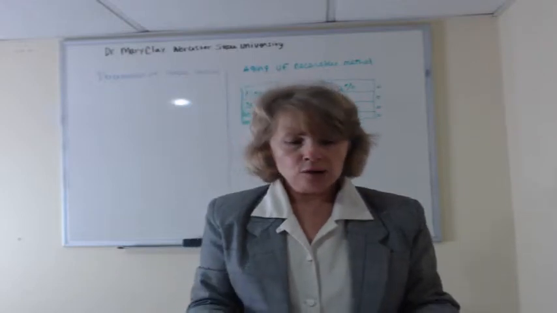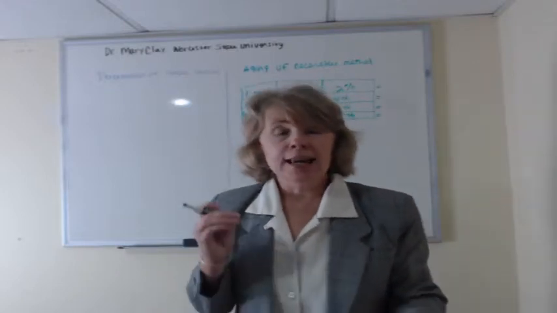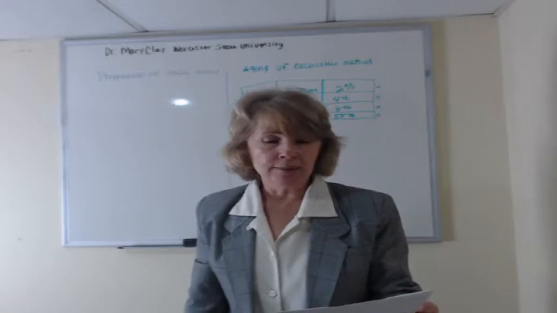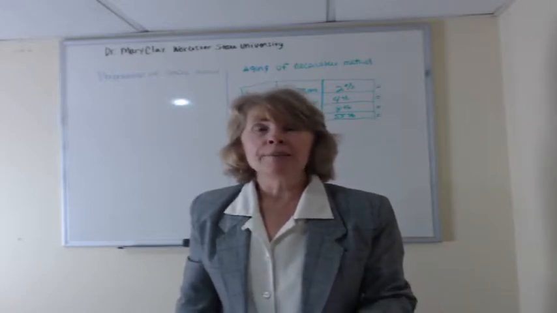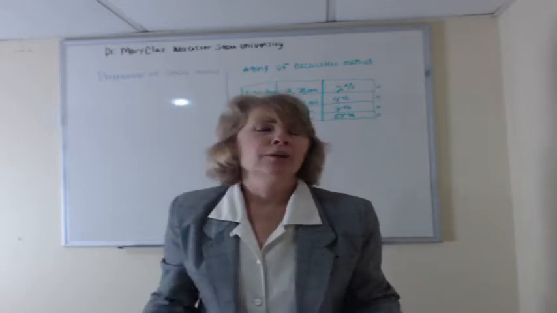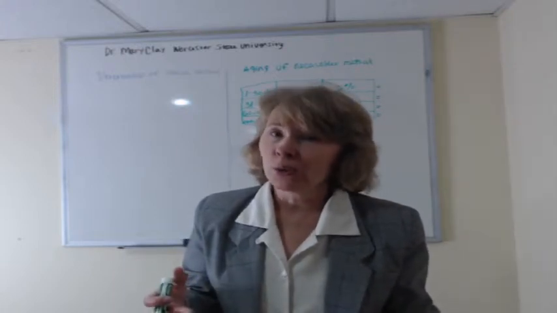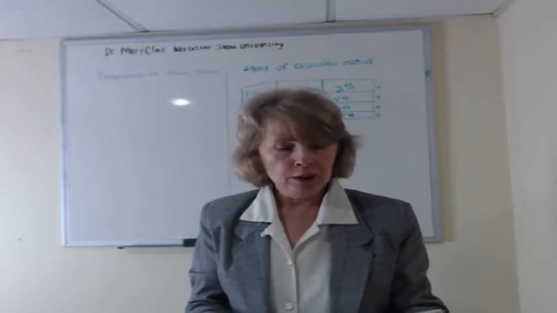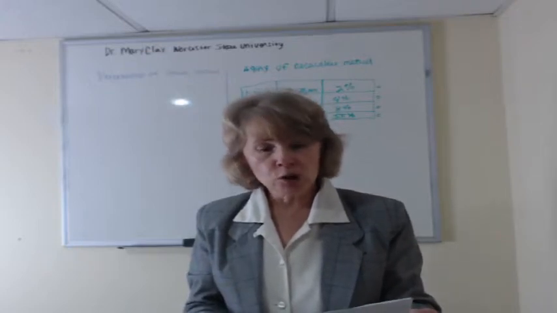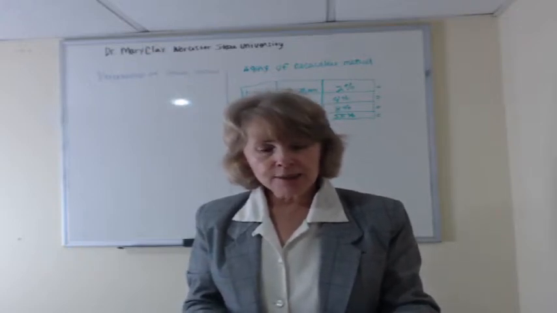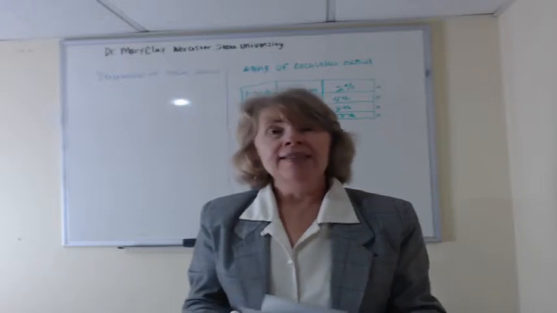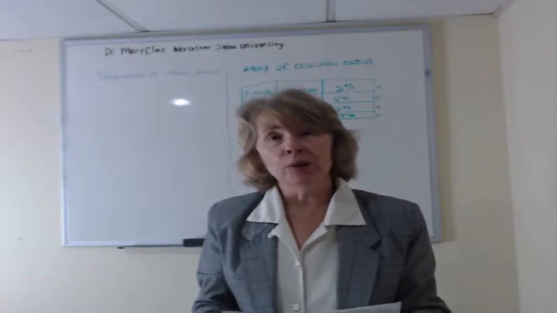Okay, so here's all you're going to do. You're going to take $525,000 and multiply it by 2%. Now remember, 2% is 0.02, not 0.2. So 525,000 times 0.02 gives you 10,500.